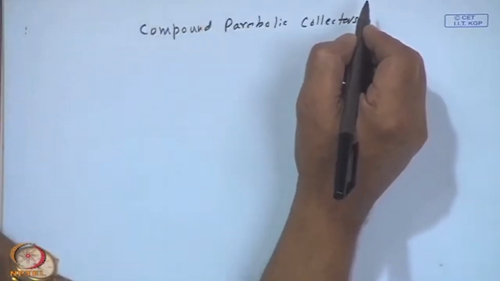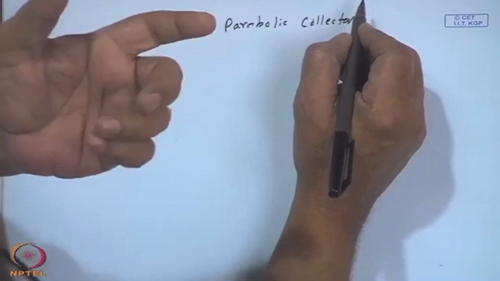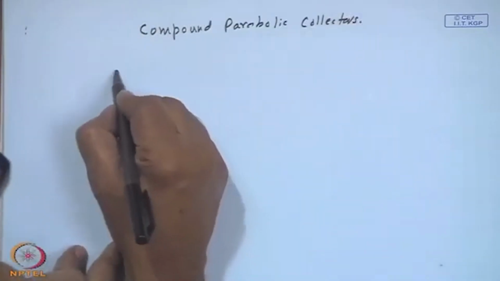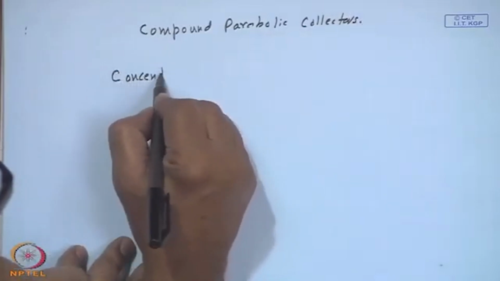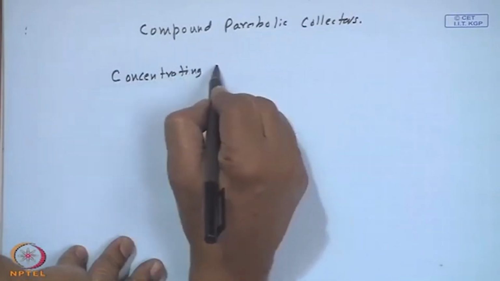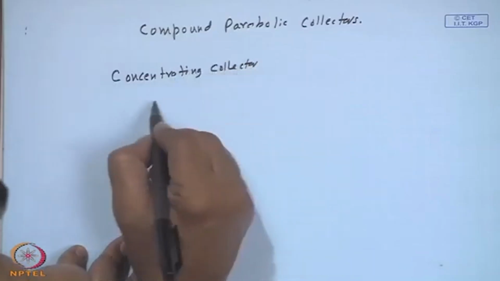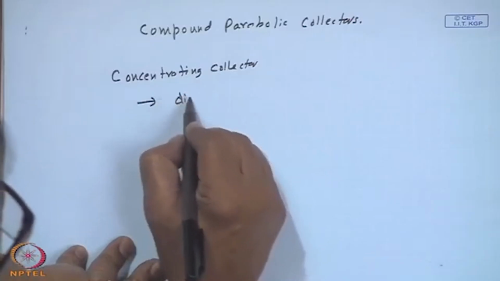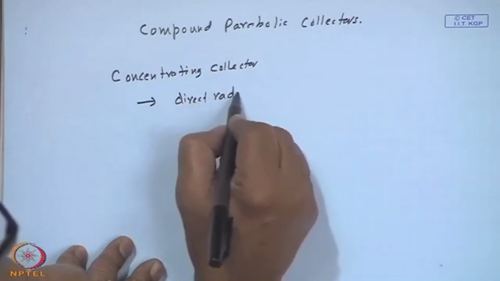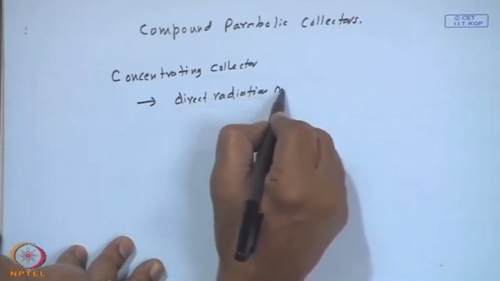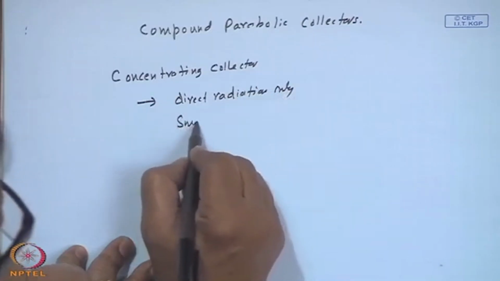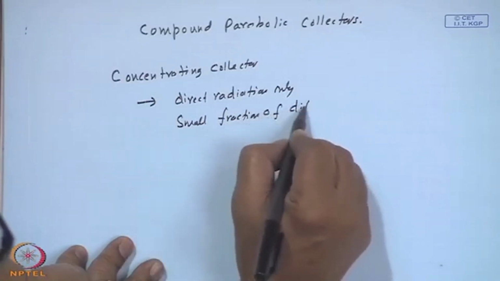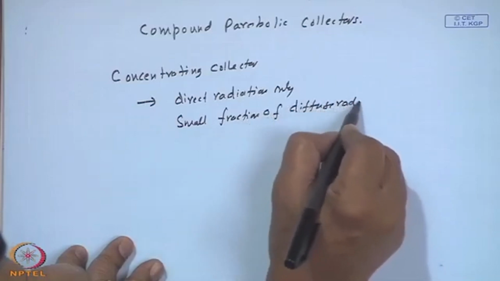Now, if you look at the equations that we have been discussing or arriving at for the concentrating collectors, they dominantly take the direct radiation plus a small fraction of diffuse radiation.